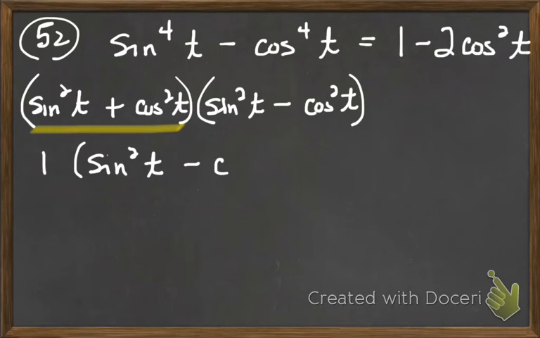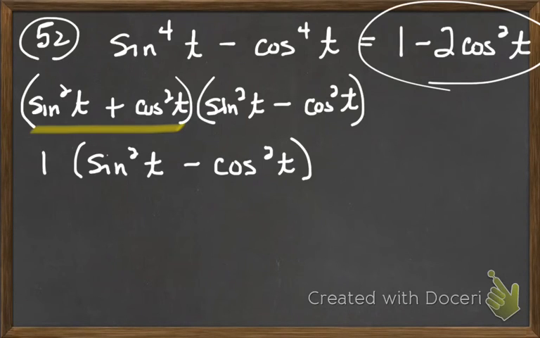So we have 1 times sine squared minus cosine squared. That's really just sine squared minus cosine squared if I multiply everything times 1. Now look at where we're trying to go. Once you start working, you've got to look back at that other side and it will give you some clues.